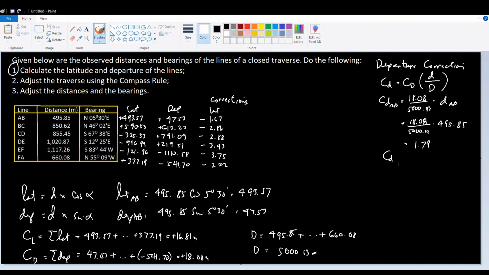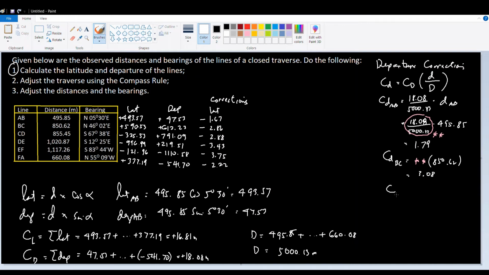So the correction with departure of line BC will again be, well, we have this factor again. You can call it double asterisk, no? Multiplied by the next one, BC, which is 850.62. And that should give me 3.08.